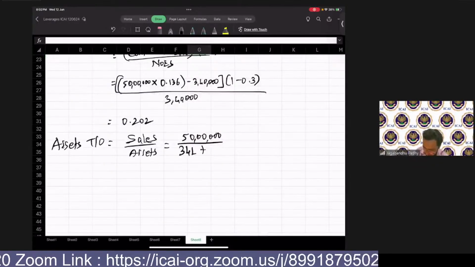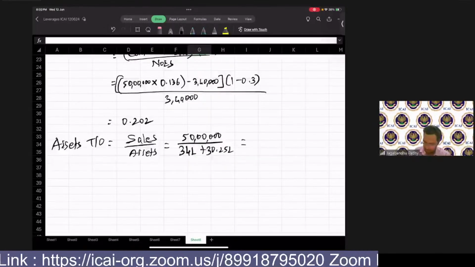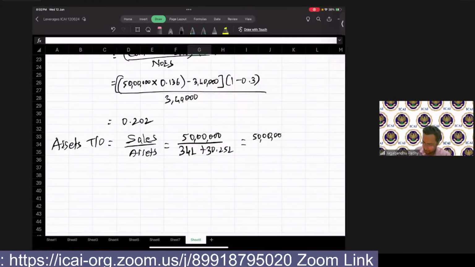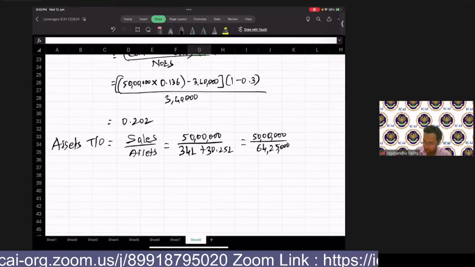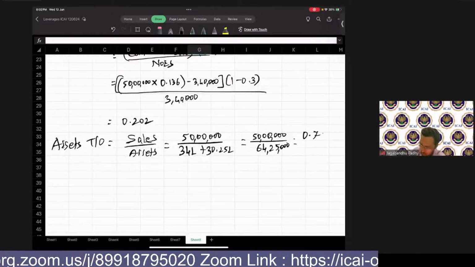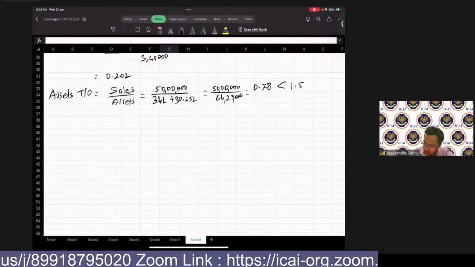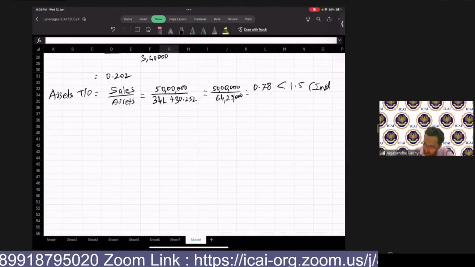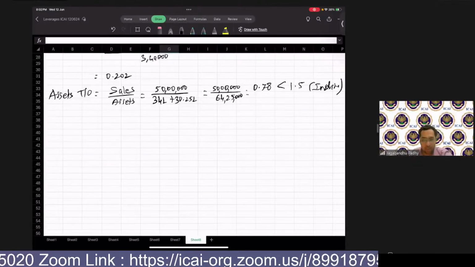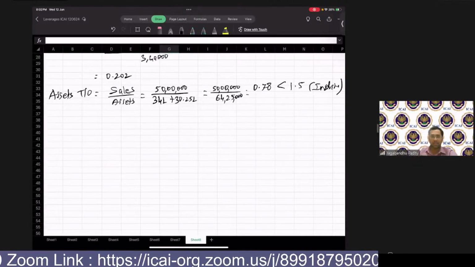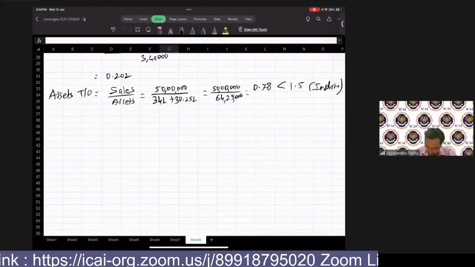Equity is 34 lakh plus debentures of 30 lakh 25,000. That's 50 lakh divided by 64 lakh 25,000. Assets turnover is 0.78, which is definitely lower than 1.5, the industry standard. We can say this company has a lesser asset turnover as compared to the industry.